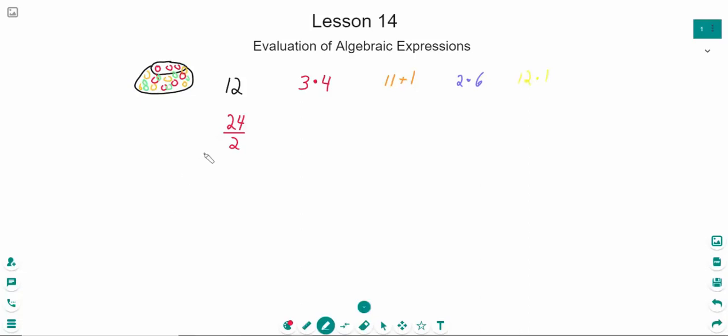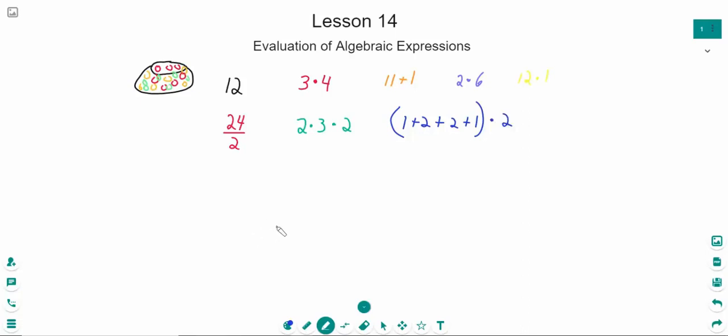So the point is, there are many, many different ways to express a given number. I could even use more than just 2 numbers. I might say it's equivalent to 2 times 3 times 2. That also would be equivalent to 12. Maybe we could really go wild and say it's equivalent to 1 plus 2 plus 2 plus 1, all of that times 2.